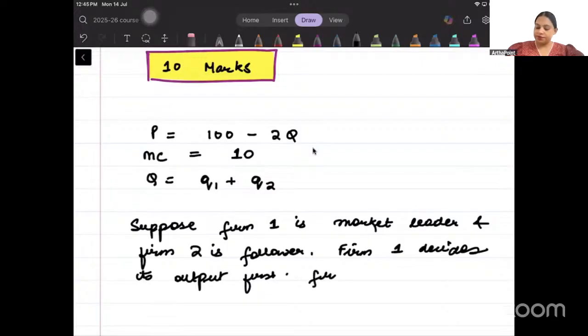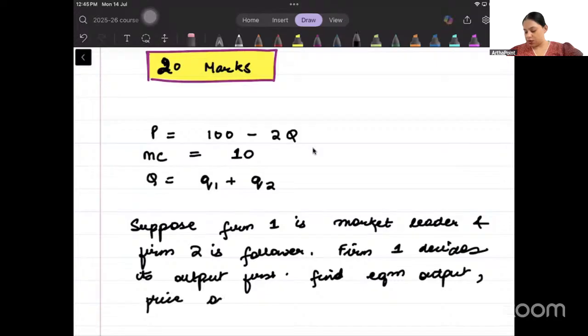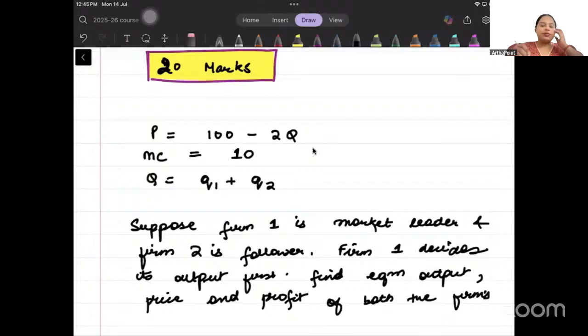Find, sorry, this is a 20-mark question, my bad. Find equilibrium output, price, and profit of both the firms. Give it a try, better.